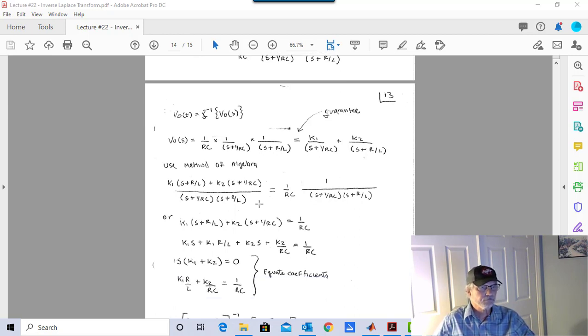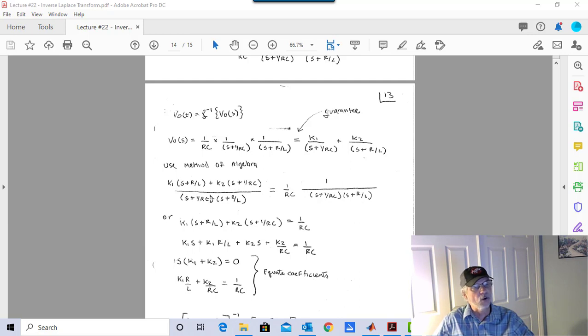So I'm going to put everything over this common denominator. That means I have to multiply K1 times S plus R over L, and multiply K2 by S plus 1 over RC. And here is what I get.